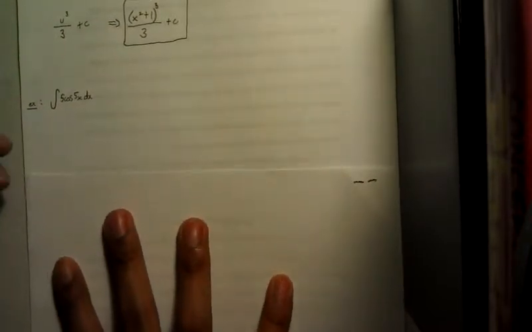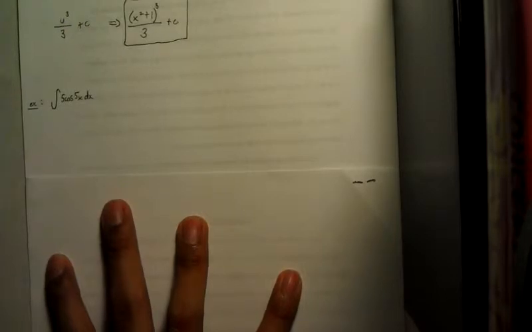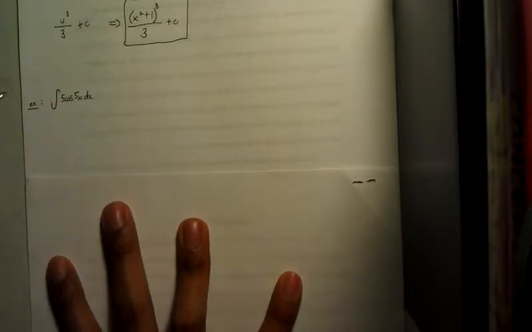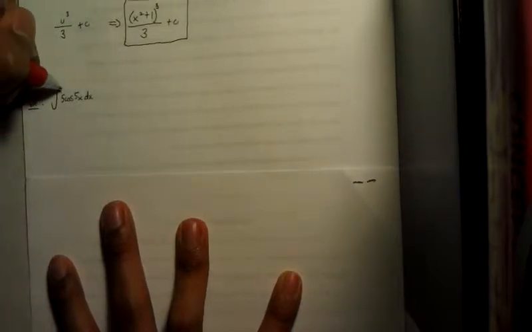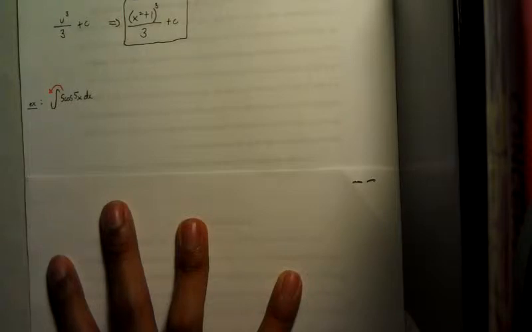Next example is going to deal with a trig function. So here we have, take the integral of 5 cosine of 5x dx. This one might be a little bit more tricky to see what we should use u for, but remember that with constants, these can just be pulled out to the front, so that front 5 isn't going to have a big impact.